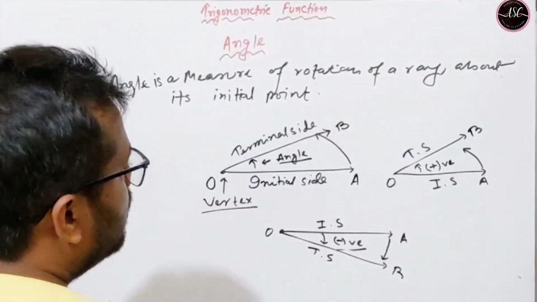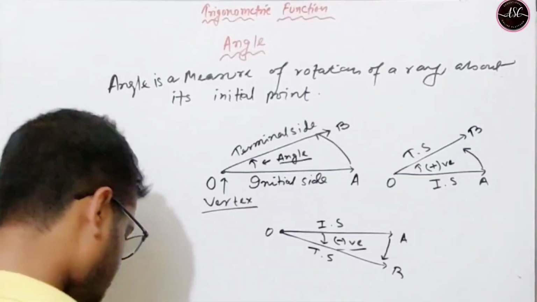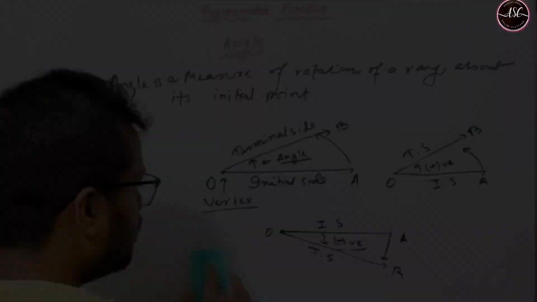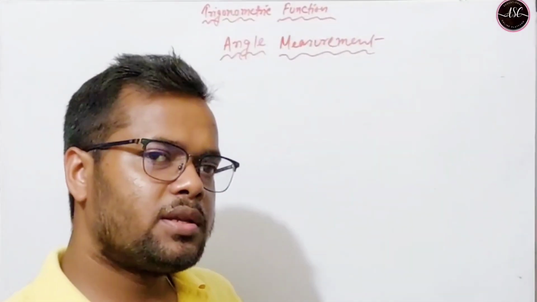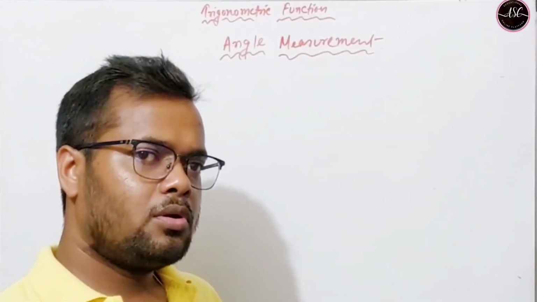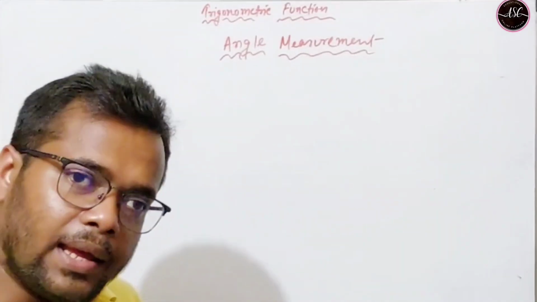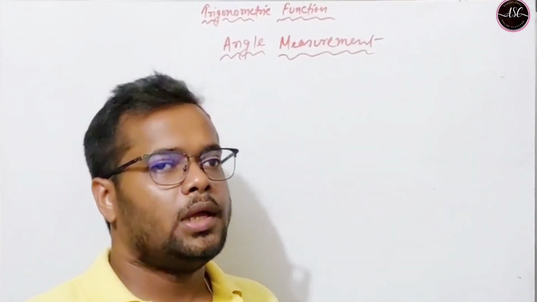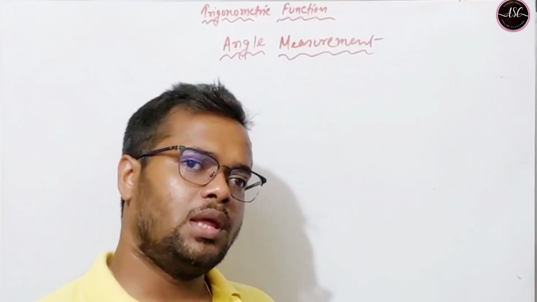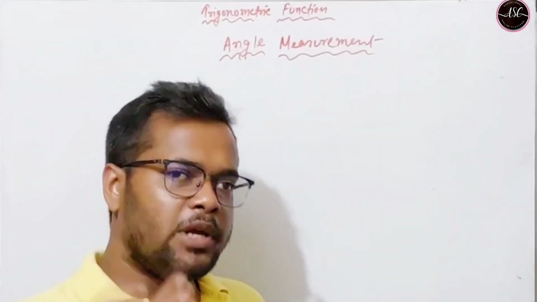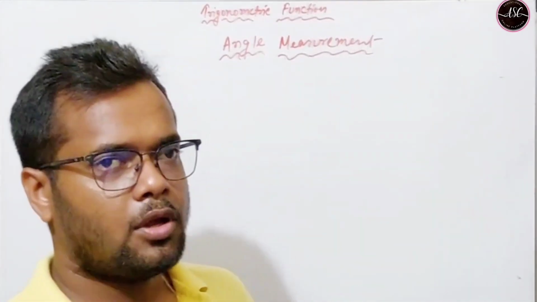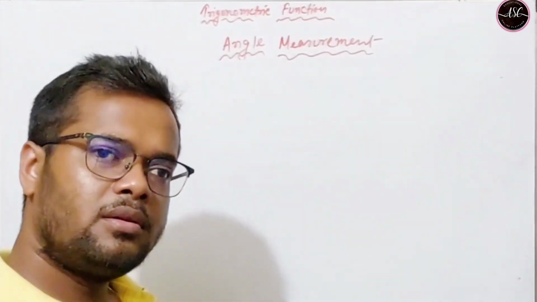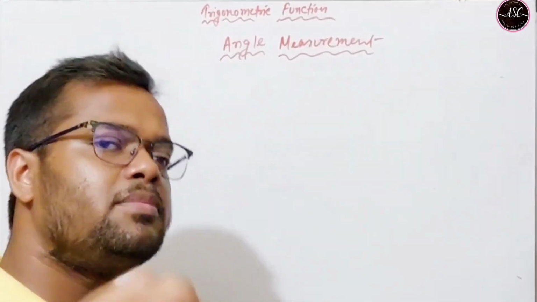Now we are going to learn about the measurement of angle. There are several units to measure an angle. We already know, if we measure a length, the units can be kilometer, meter, centimeter, millimeter, etc. Like this, angle measurement will be done by some units.